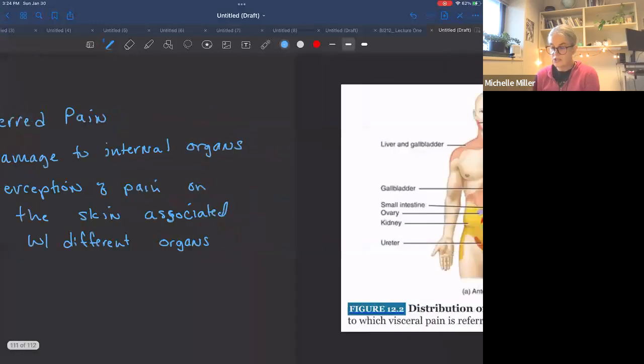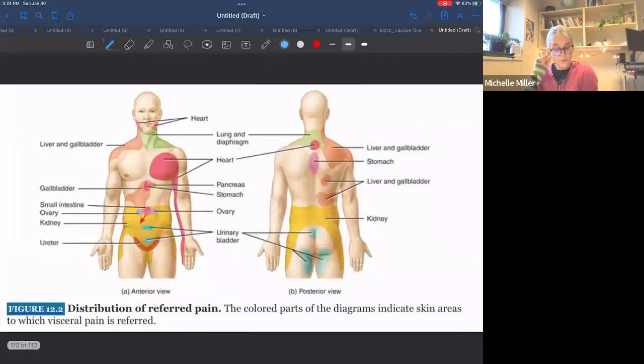Let's look at a diagram that shows that. So you probably know that there are certain signs to say, for example, having a gallbladder attack or having appendicitis. And this is that idea of perceived pain. So when we look at the stomach, pain generally makes it feel like you have pain on the surface of your skin underneath your ribs in the center. Heart, again, coming down the arm on that side of the body, that would be the left side of your body.